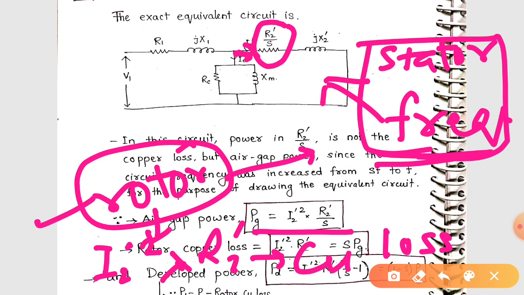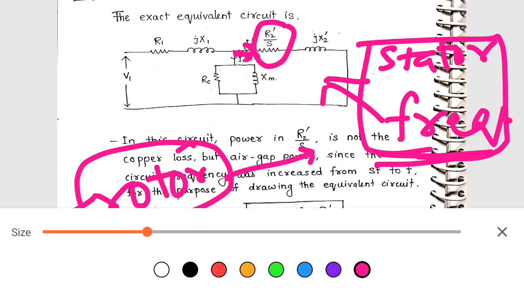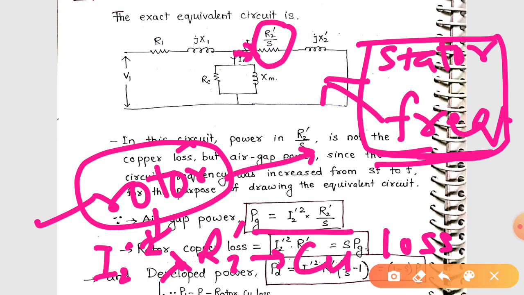That is why instead of R2 dash, we are having R2 dash upon S. So this I2 dash square into R2 dash upon S will not represent copper loss, but it will represent your air gap power.